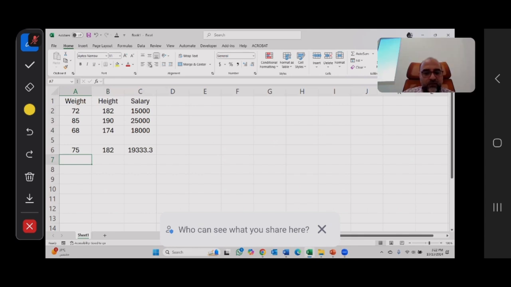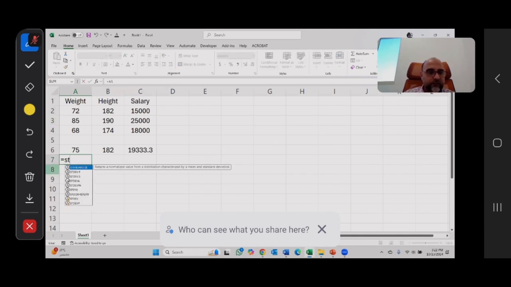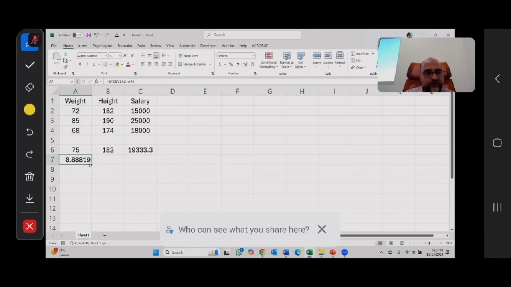Just like this, we can also take standard deviation of these numbers. Do you know standard deviation from your statistics course?